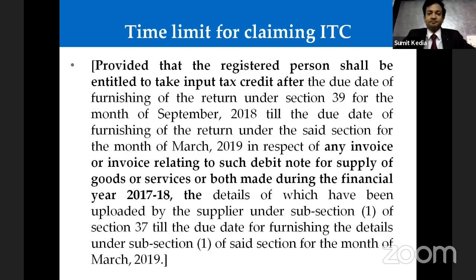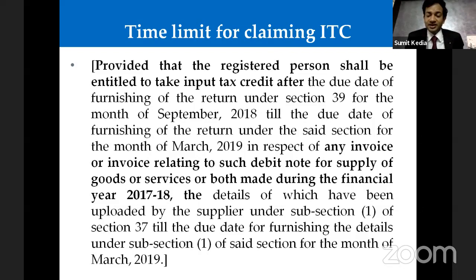So this proviso said, provided that the registered person shall be entitled to take input tax credit after the due date of furnishing return under section 39 for the month of September 2018 till the due date of furnishing return under the said section for the month of March 2019 in respect of any invoice or debit note for supply of goods or services. So what this proviso tries to say is that you can take credit up to March.